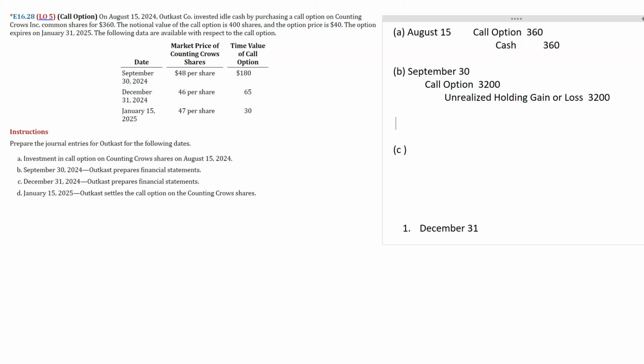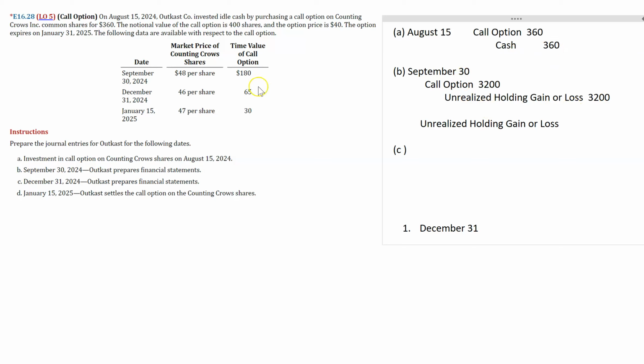So we will debit unrealized holding gain or loss. Putting it on the debit side means it's a loss, so we will debit unrealized holding gain or loss. Again, the same income statement item.